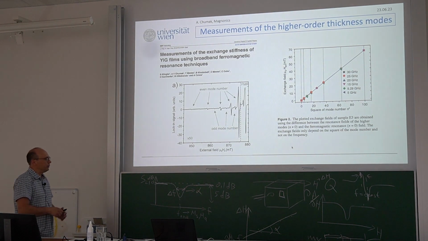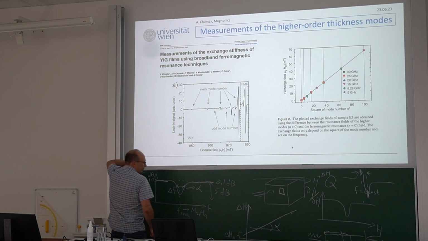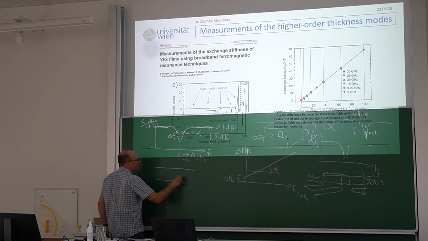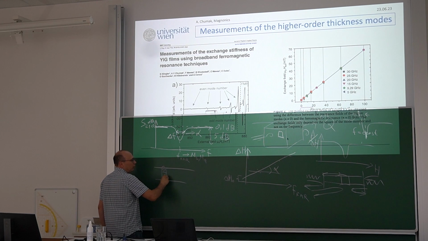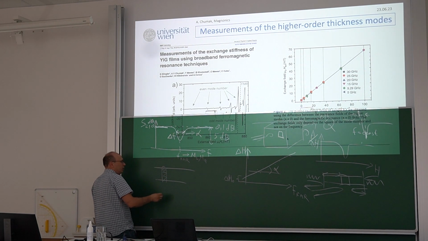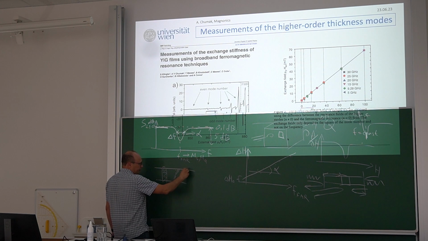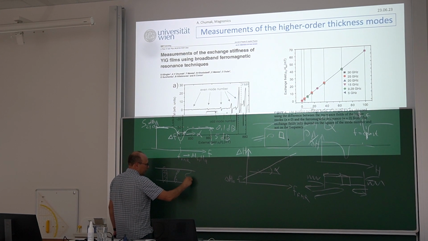And the point is, we discussed PSSW in the past. If you have a sample, you can get the uniform mode, which you usually call just the lowest mode or Kittel mode, but you can have all the higher ones. If it's unpinned, then there will be some second mode, some third mode, and so on.